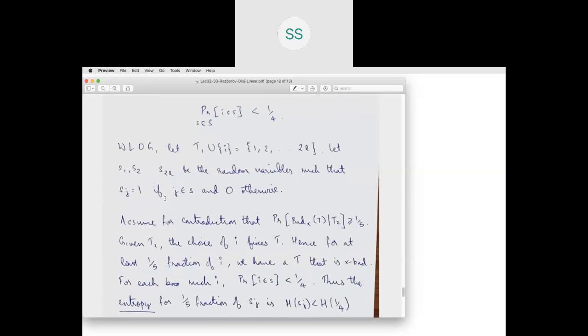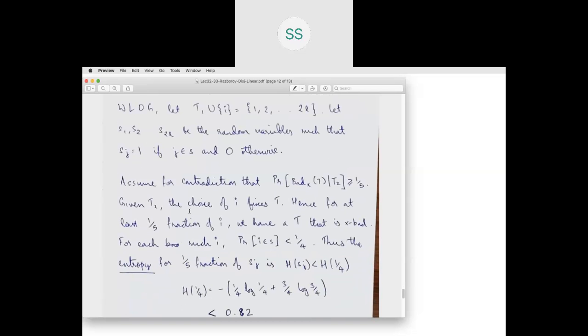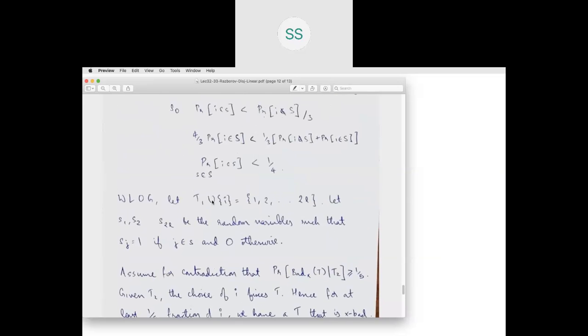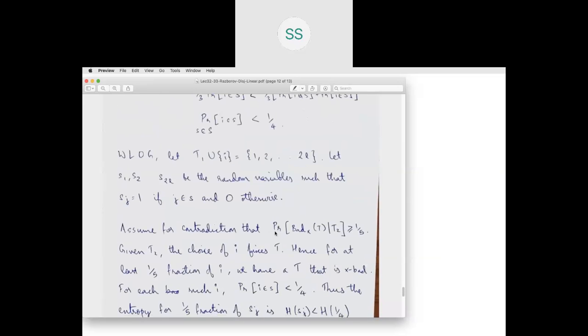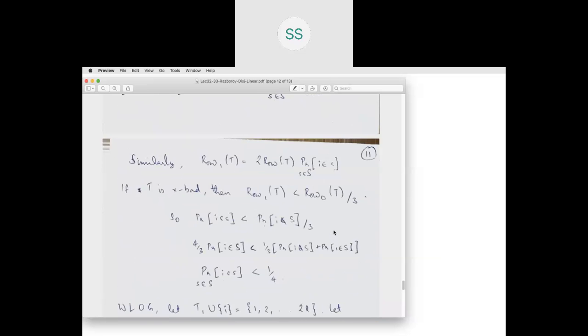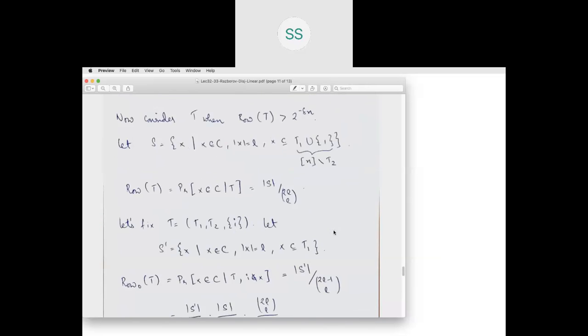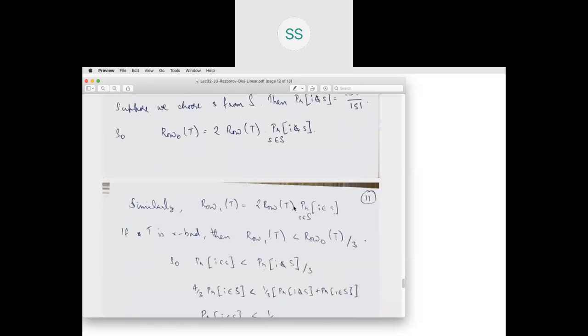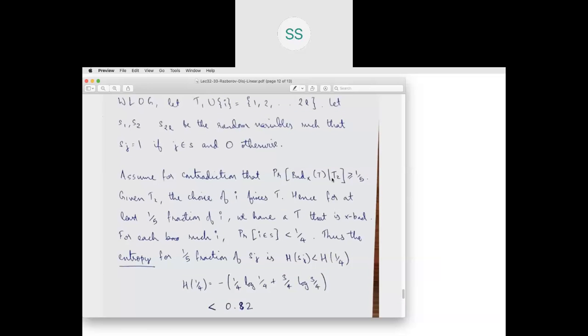So they are certainly not independent. Now we assume for contradiction that the probability of bad x t equal to 1 is greater than 1/5.